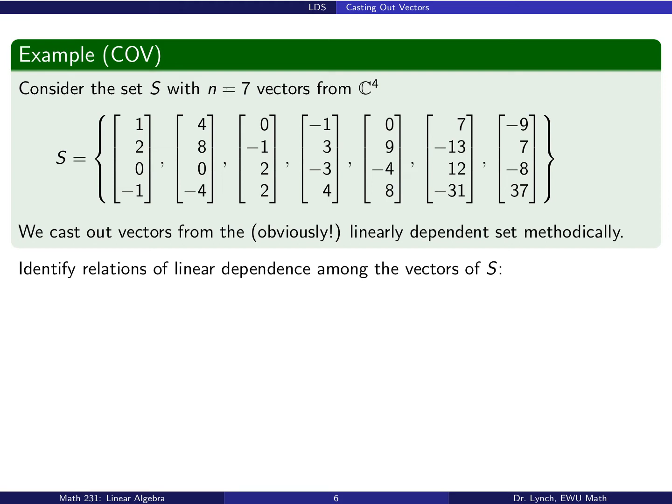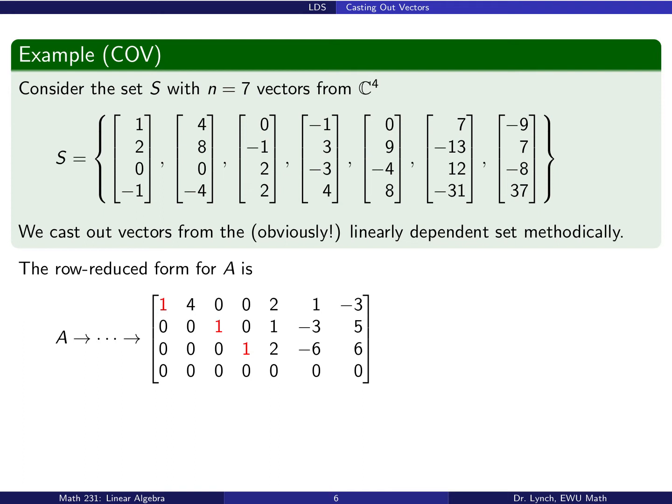Okay, we'll start by forming a matrix A containing the vectors from S as columns. Reducing that matrix to reduced row echelon form, we see that of those 7 columns, there are 3 pivot columns, so we would expect that the homogeneous linear system has 7 minus 3 equal to 4 free variables.